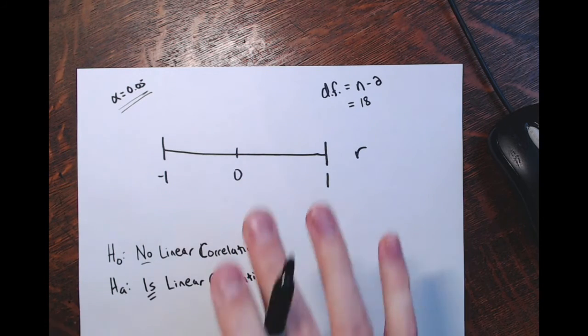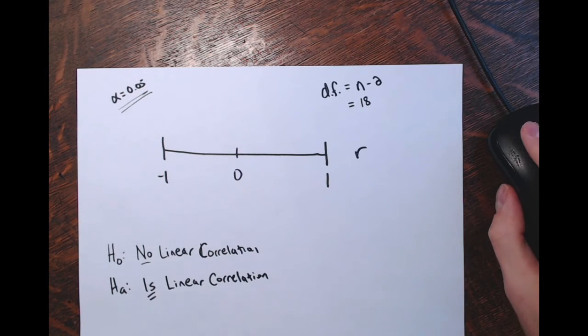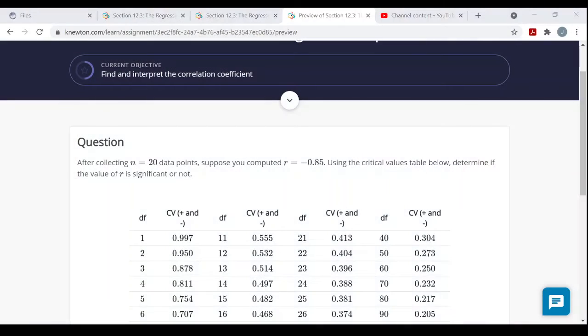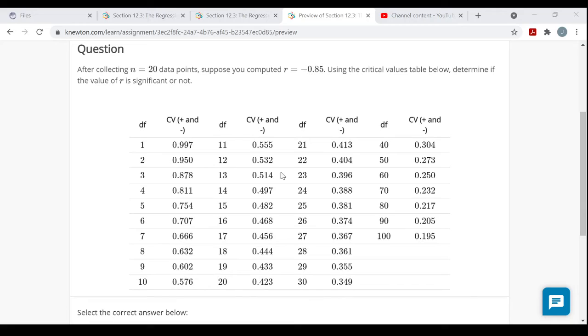So it's all hypothesis testing. Let's look for these critical values then. Again, 18 degrees of freedom. So I'm on this part here. Degrees of freedom, 18. Right next to it, the critical values, plus and minus, positive and negative, 0.444.